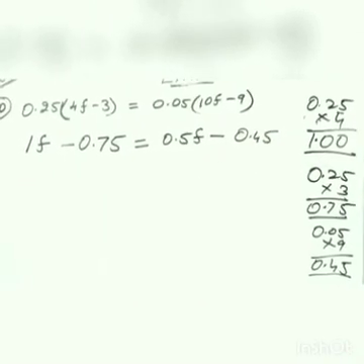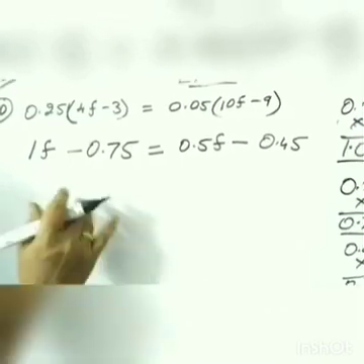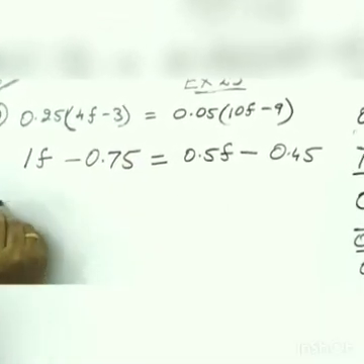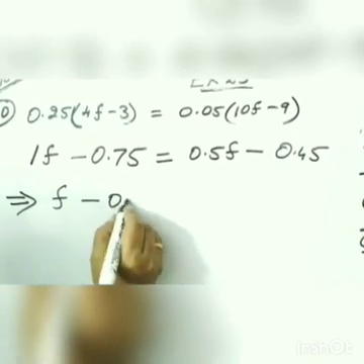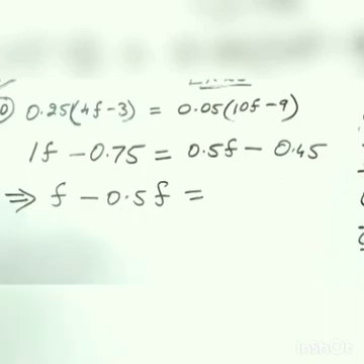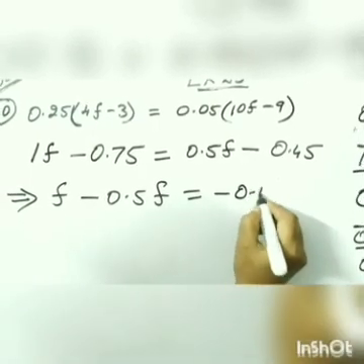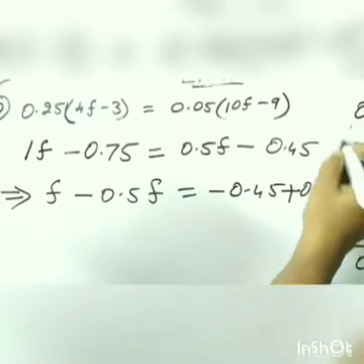Now as it is, let's bring the variables to the left hand side and the constants to the right hand side. So you have f minus 0.5f is equal to minus 0.45 plus 0.75.